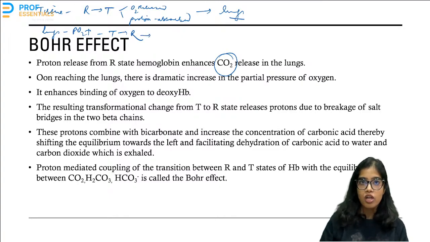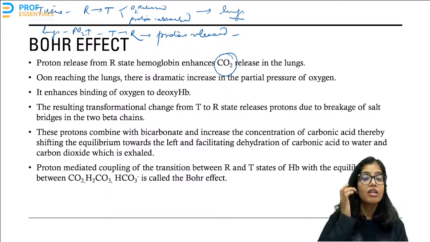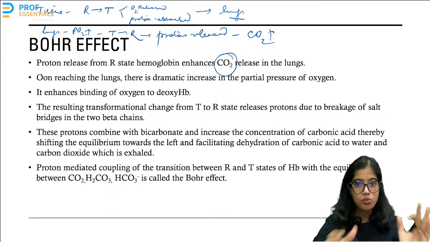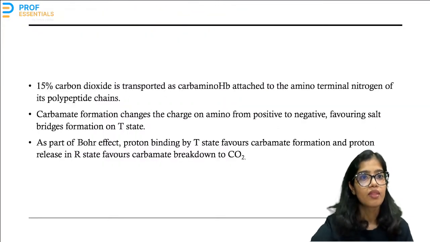The salt bridges are going to be broken. Protons are going to be released. When protons are released, the equilibrium is going to shift towards the left, and the carbon dioxide is going to get exhaled. Okay, understood? So this is what the Bohr effect is.